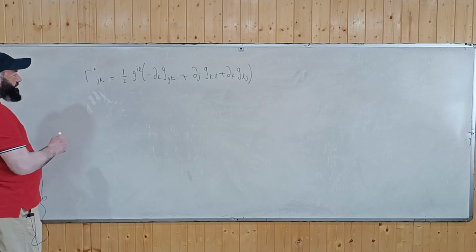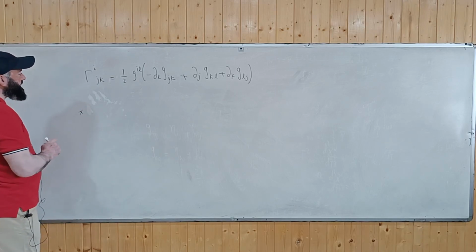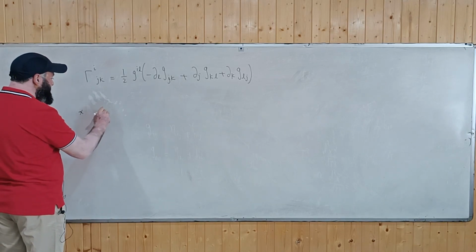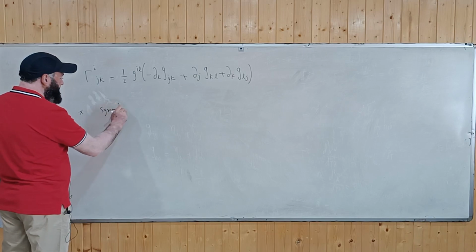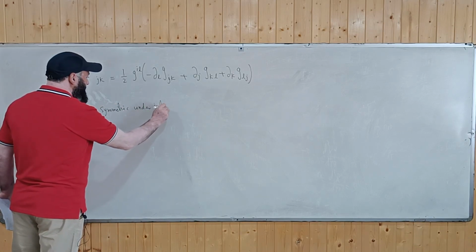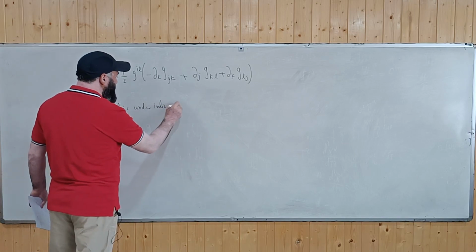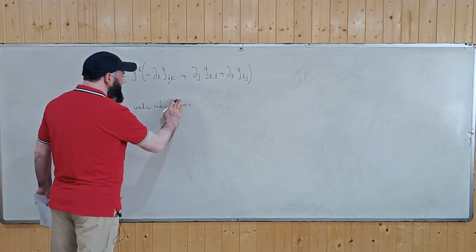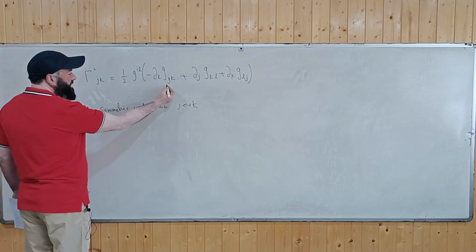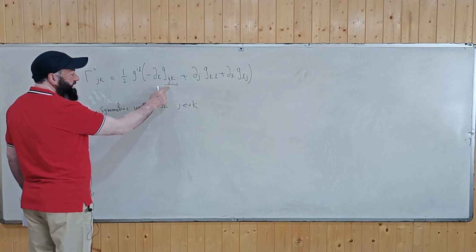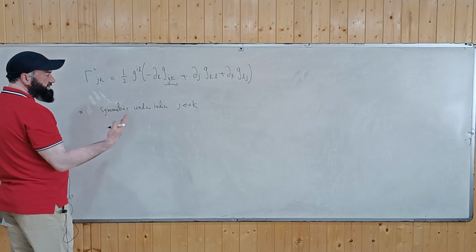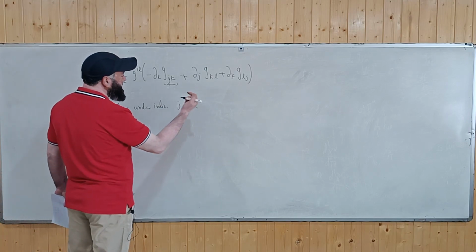If I look at this object, it is symmetric under the exchange of indices, this j and k. So if you interchange j and k, now look here. This metric tensor is symmetric. You interchange j and k, g_jk is equal to g_kj.